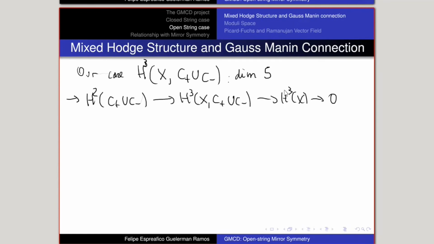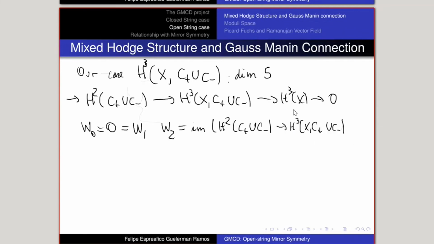This is 0 because these are curves, so they don't have higher homologies. And so it's very easy to see what the weight filtration is here. Of course W_0 is 0 and W_1 is 0, but W_2 is exactly the image of this first map. So this is important. W_2 is this image here, and of course W_3 is the whole space.